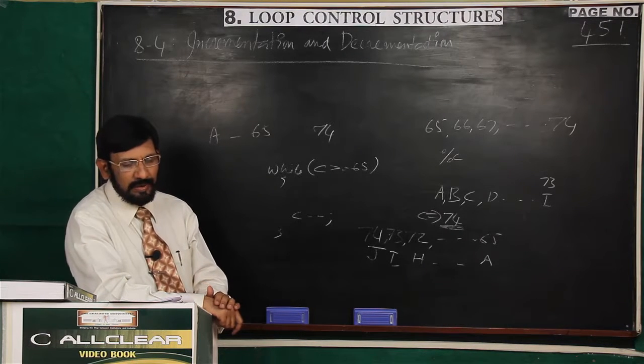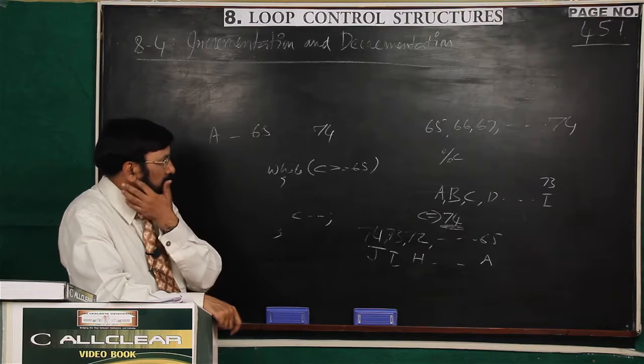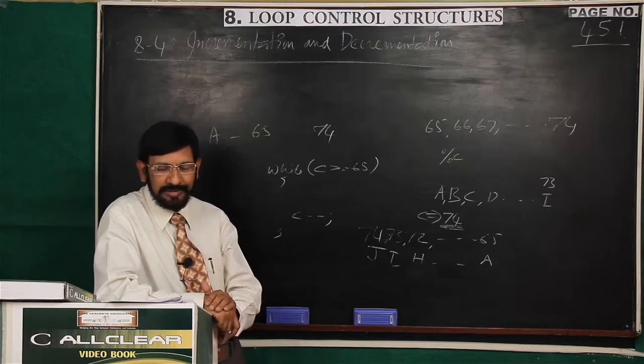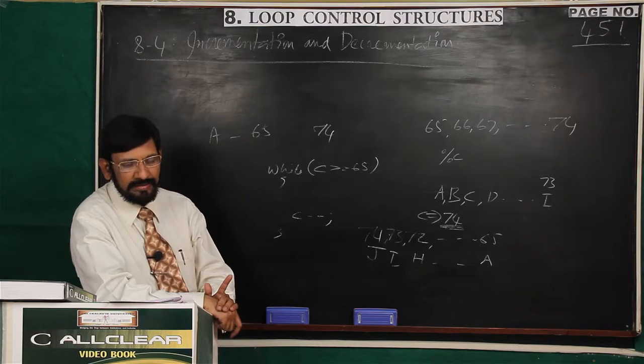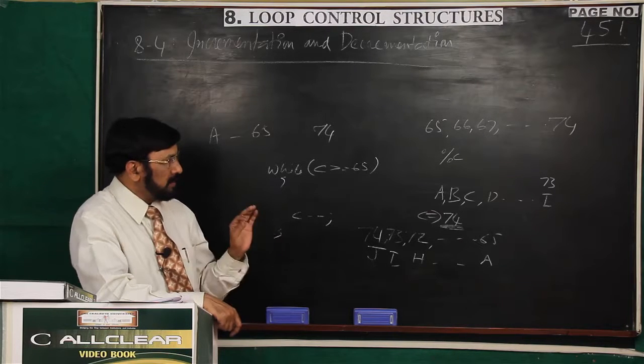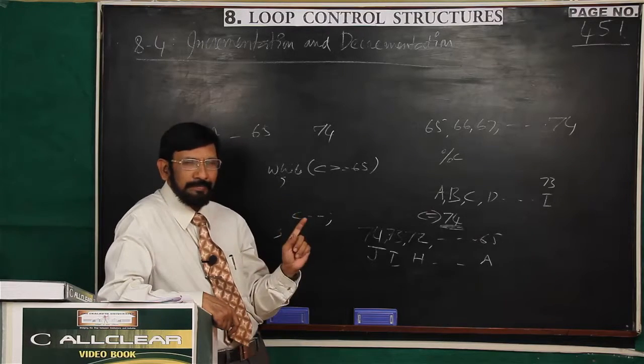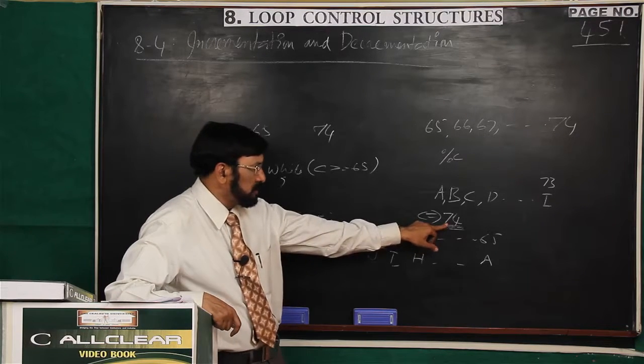But at the end of that loop, after the 13th line, what happened? It is implied initialization. c's value has automatically become 74 and in the second while loop, it didn't make any initialization explicitly. The implied initialization 74 is applied.